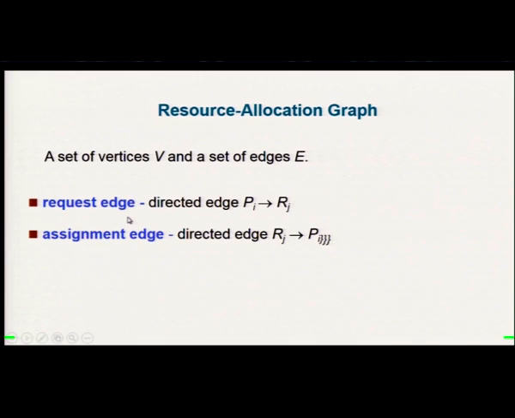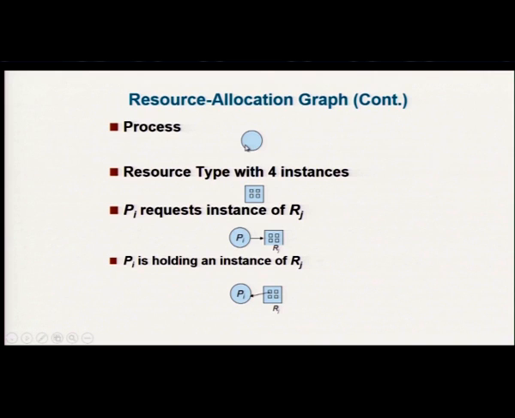So a set of vertices will have a request edge, that is, Pi has requested Ri, and an assignment edge, a directed edge, which tells that Ri has been assigned to Pi. It has a different notation. So next we talk about a resource allocation graph.